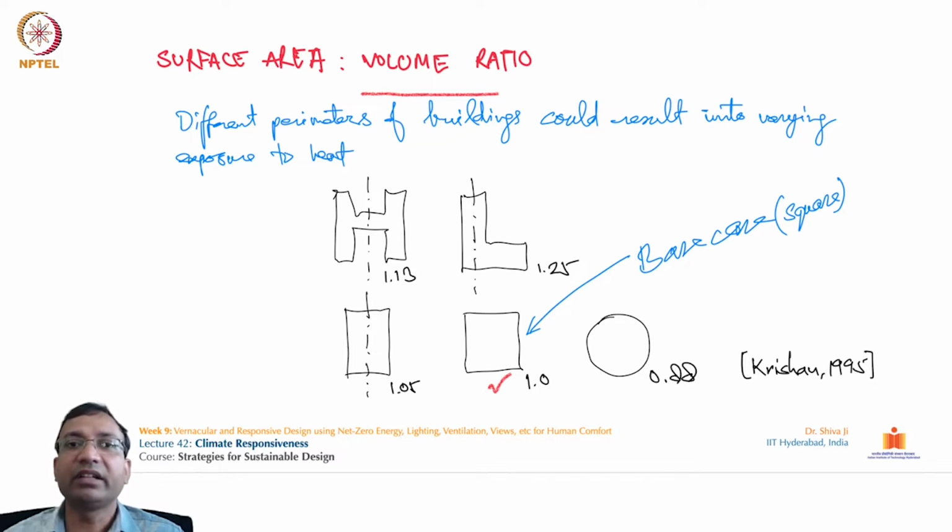Since the surface area increases, the exposure to the sun will also increase in the same proportion, right? If the sun gain increases, the heat load on the building will increase.